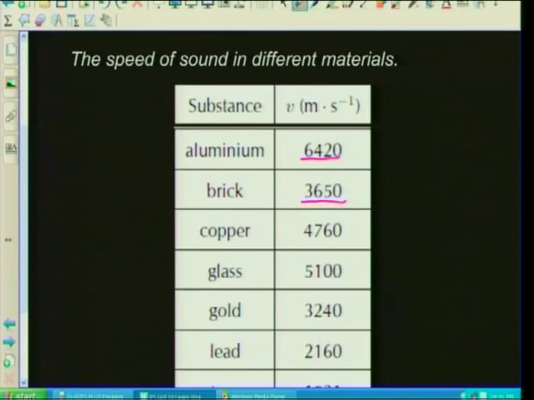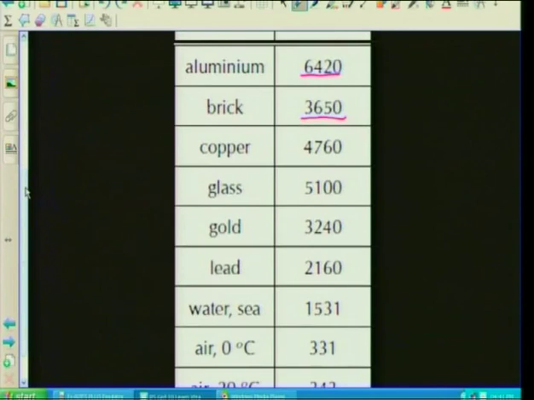In a brick, like a household brick, 3,650 meters per second. In copper, like those copper bracelets you get, 4,760. Through glass, 5,100. Through gold, 3,240 meters per second. Lead, 2,160. Now, aluminium, brick, copper, glass, gold, lead, all solids, moving very, very quickly through solids.